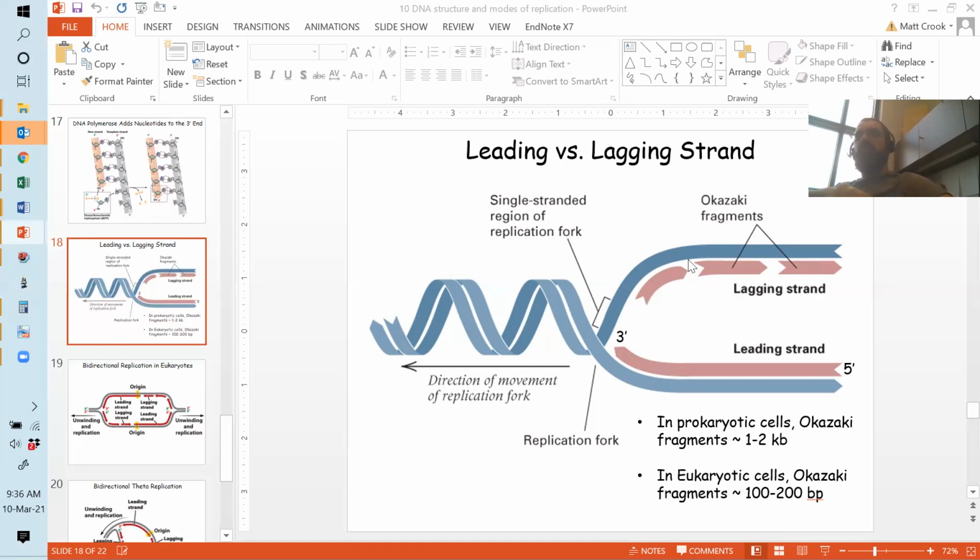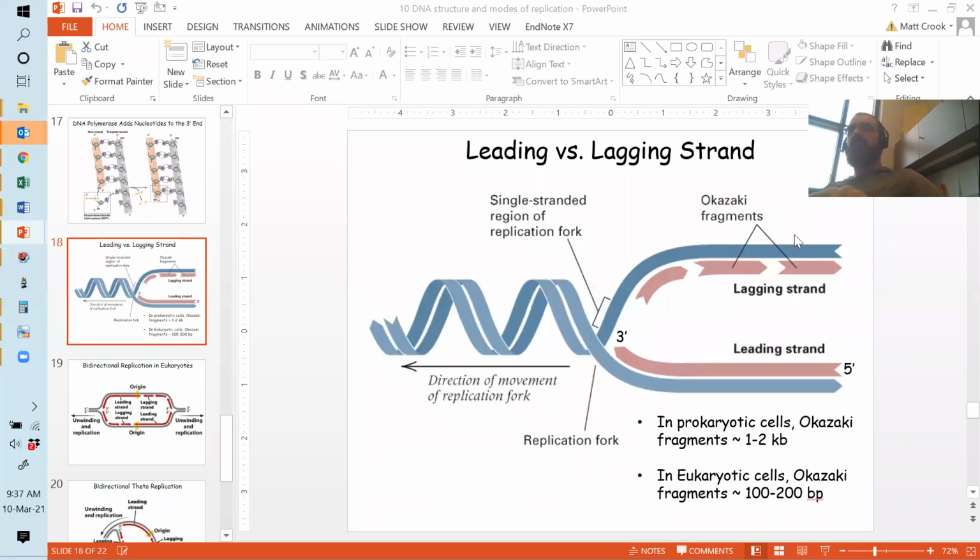And so this means that the lagging strand, the strand which needs to be synthesized in the opposite direction, gets done in small chunks, basically by flipping the DNA back over and synthesizing it backwards. So we have these small little chunks, and they're small because you essentially start ahead, synthesize backward until you hit what you've already made.